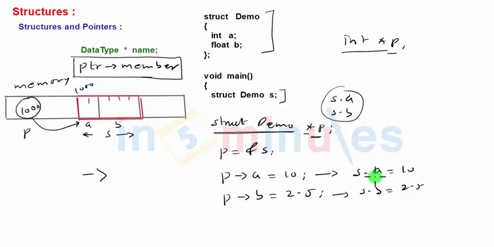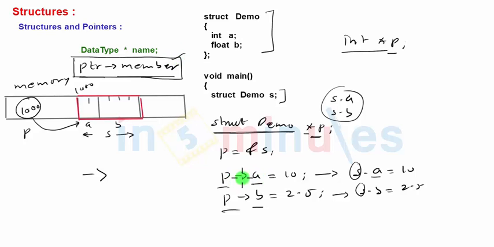To access members using the structure name, we use structure name dot member name, but to access a structure member using its pointer, we have to use pointer name arrow member name, that is p arrow a and p arrow b. All other operations you have to do, that is inputs, outputs, increment, decrement, we can perform using this same syntax with pointer notation.